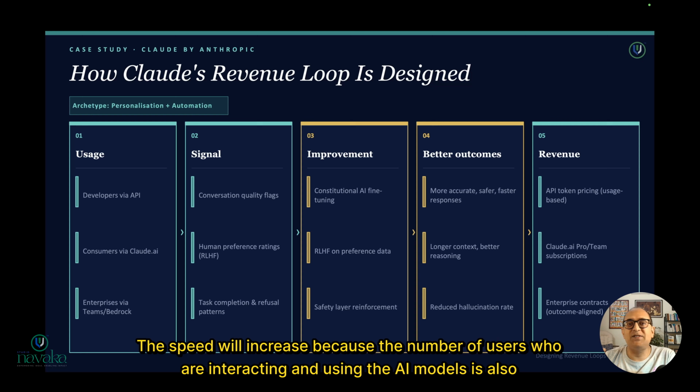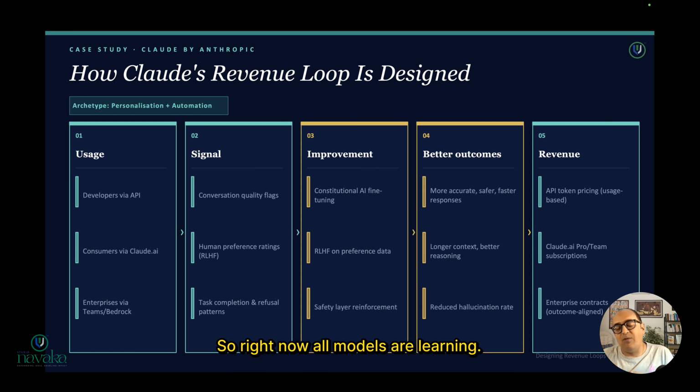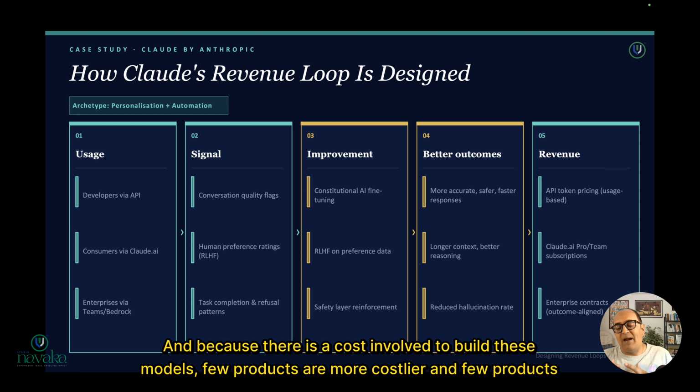The speed will increase because the number of users who are interacting with and using the AI models is also increasing. So right now, all models are learning. And because there is a cost involved to build these models, some products are costlier and a few products are cheaper.